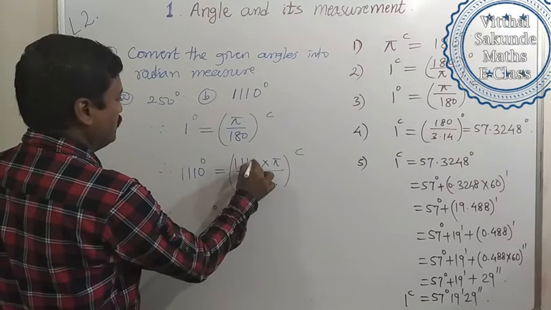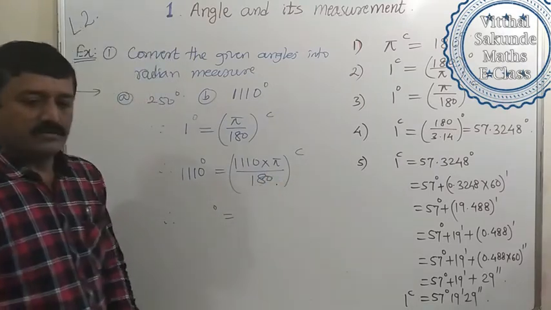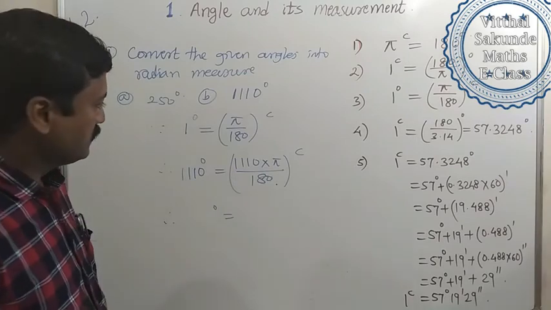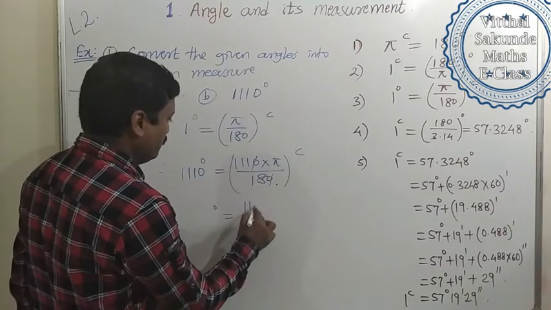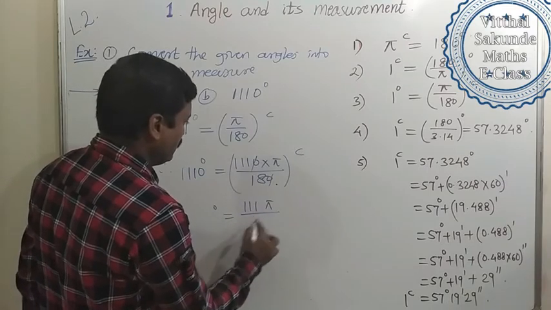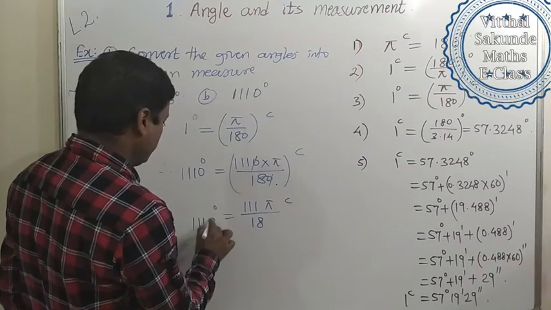So 1110 into pi by 180. Cancel the first 0, so we get 111 pi upon 18 radian. It is 1110 degree.